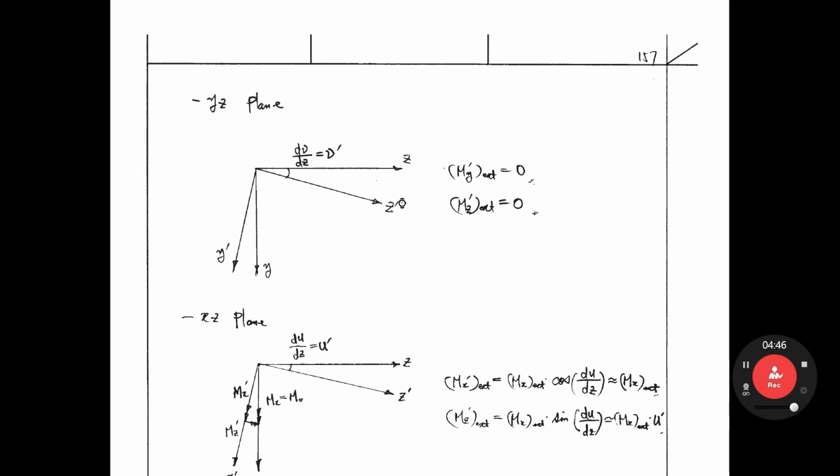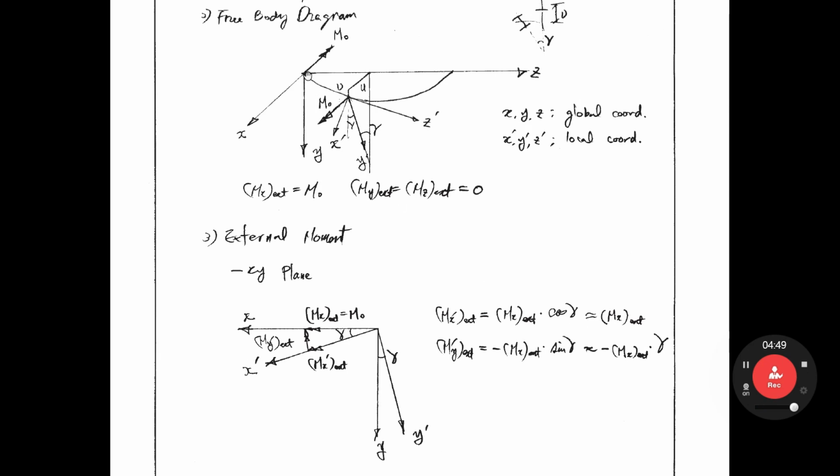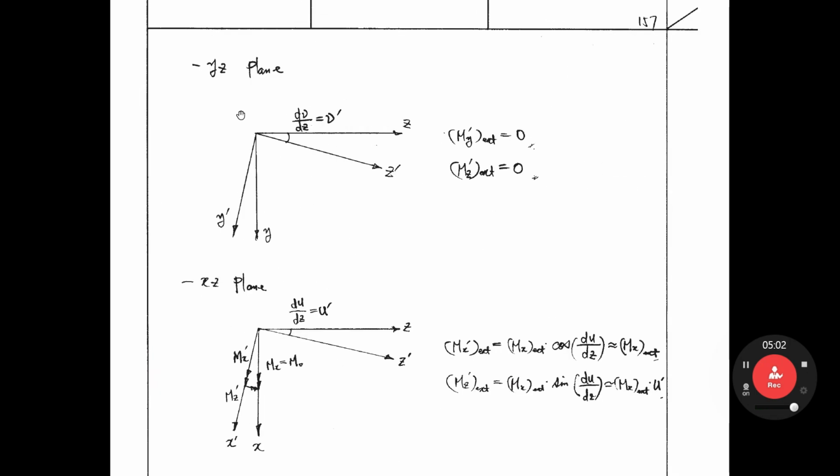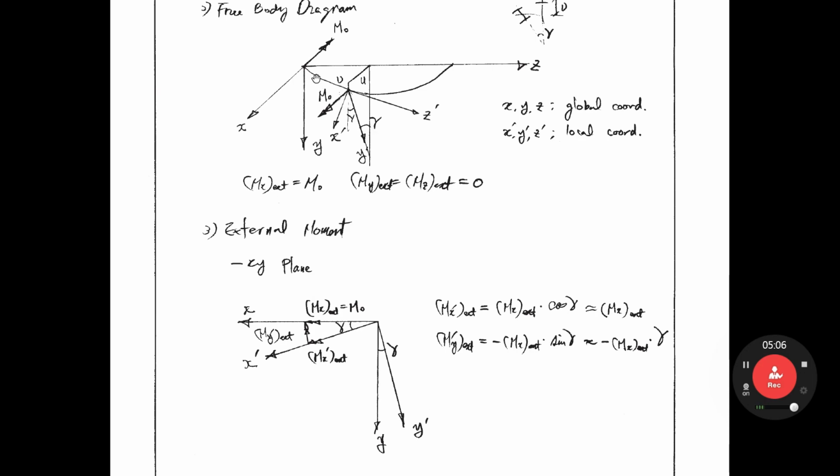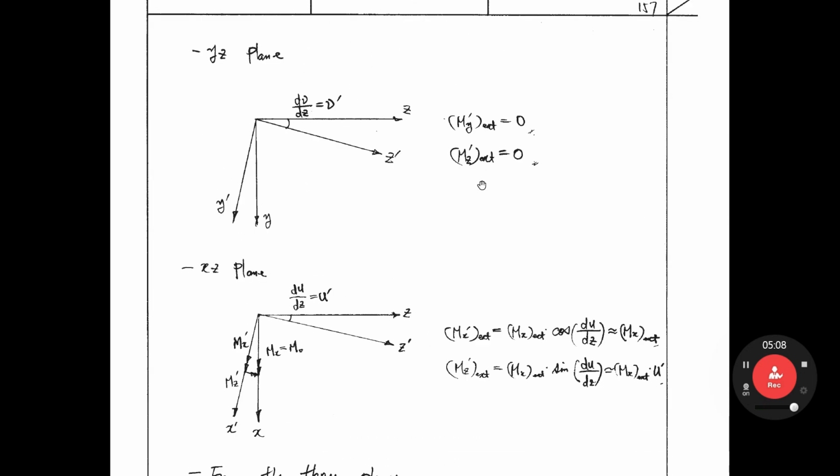YZ plane. YZ plane is, this is Y, this is Z. Regarding global coordinate X, Y, Z. This is Y, Z. And then you have a little downward Z prime here. So downward Z prime. So the angle here is dv over dz, that is v prime.